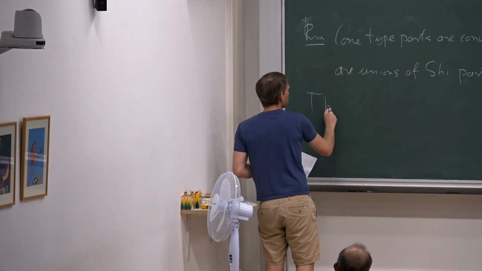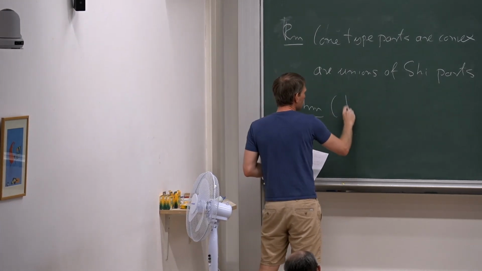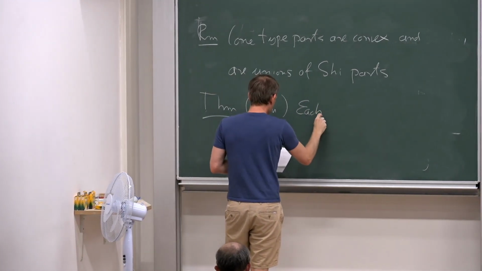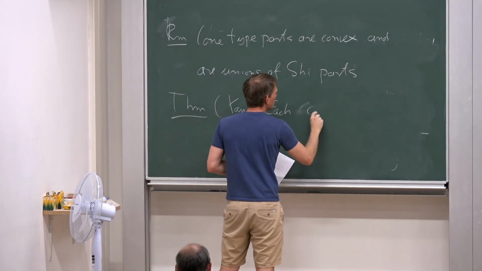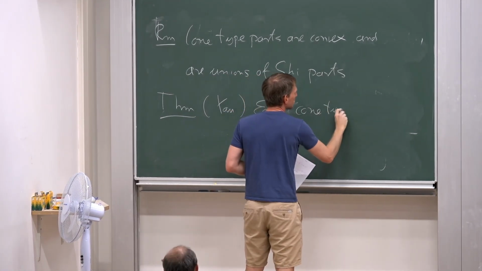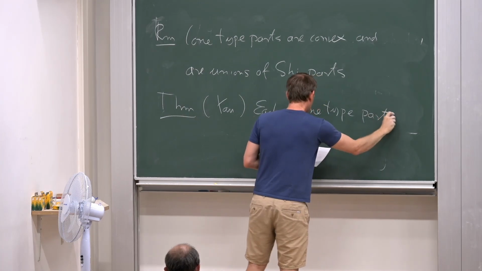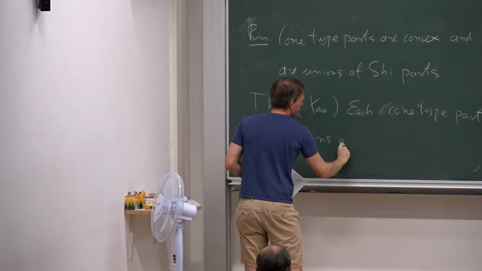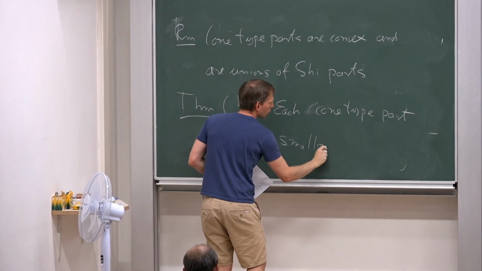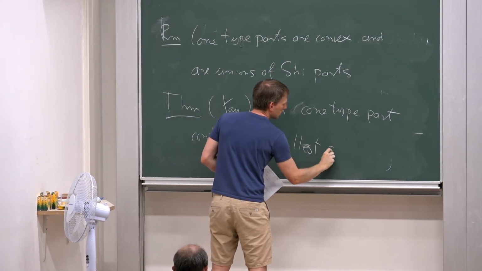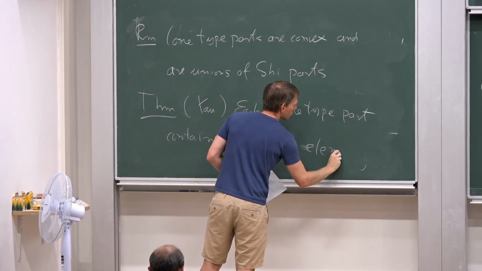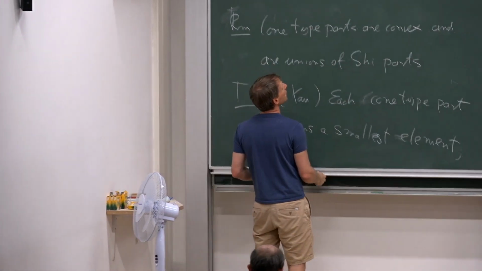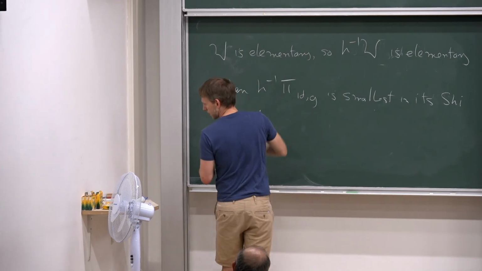So the first theorem I want to mention is the theorem proved by Ika in his PhD, that each cone type part contains a smallest element. So this means there is a chance of defining a good path system again.